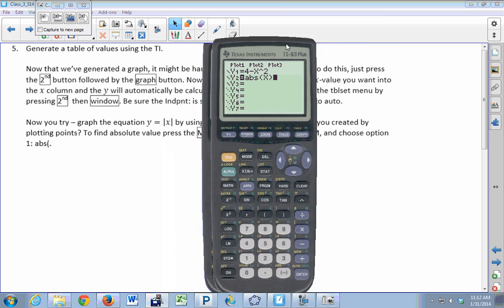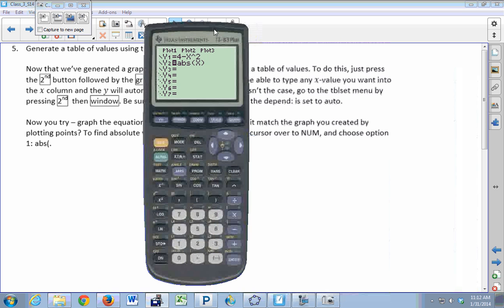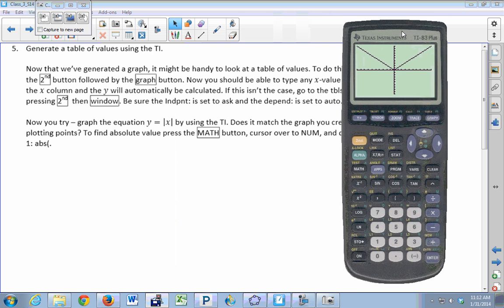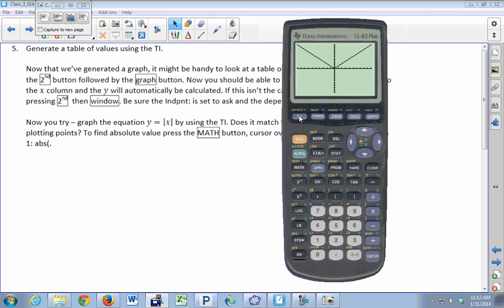Okay. So let's suppose we want to generate, first we could look at this graph, and again we could do the standard window, zoom 6, and there it goes. There's the absolute value we just looked at. And again, if we wanted to generate a list of values, you can just set your table, and you can say, well, I want to start at -3 and I want to increment by 1.